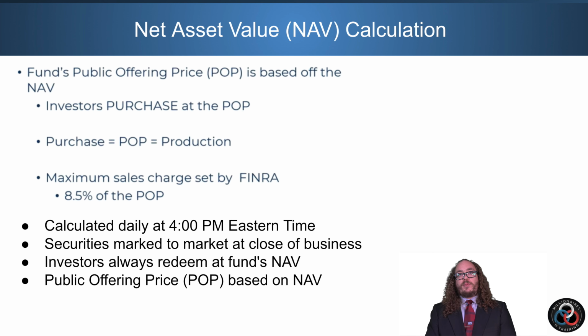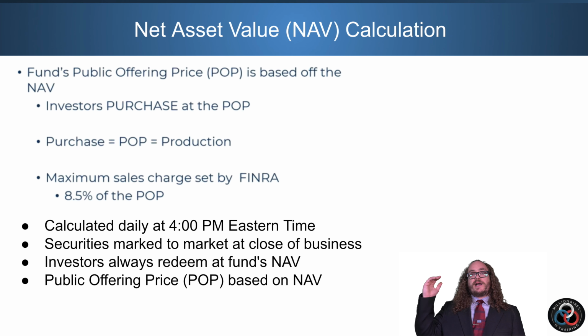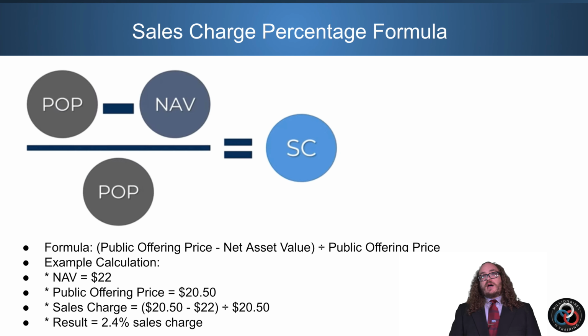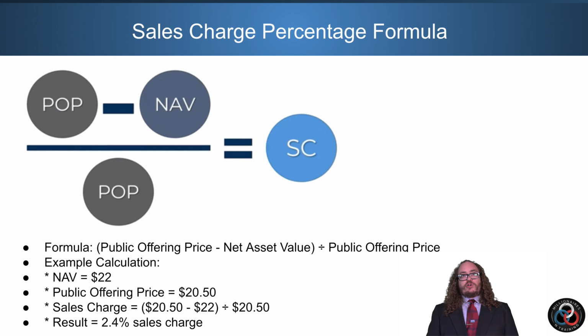Look here, both purchase and POP start with a P, so they go together. The maximum sales charge set by FINRA is 8.5% of the offering price. We'll discuss some of the features that need to be offered in the fund in order to charge the 8.5% maximum allowable by law.